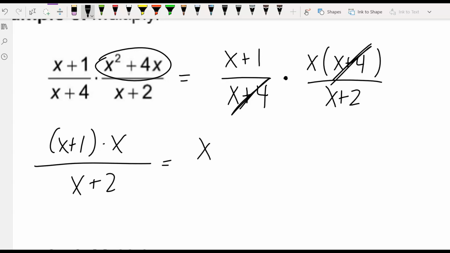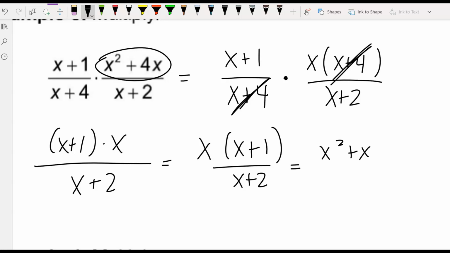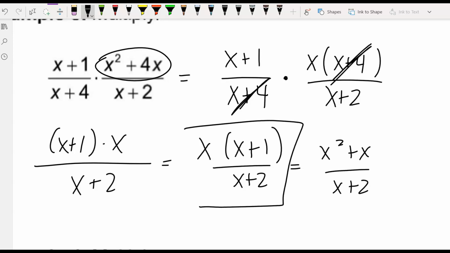Now typically when it's a single x, you write it first. It's like that standard form. You can remultiply it out, but you don't need to if you want to do it that way. But I would just plan on leaving them in factored form. And that's it for your simplifying.